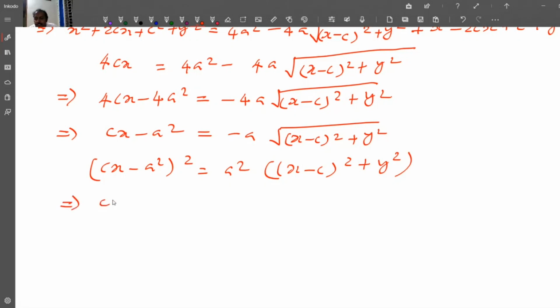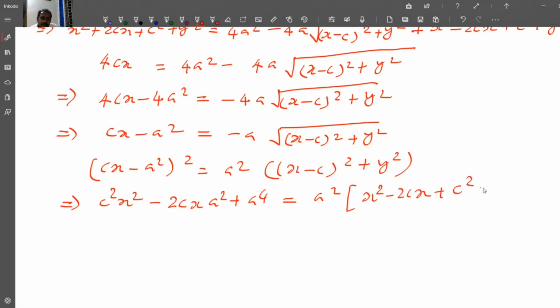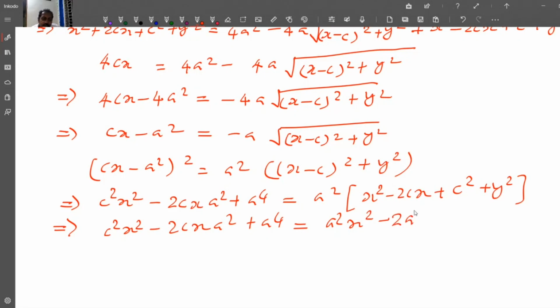So this implies c square x square minus 2cx a square plus a raised to 4 is equal to a square into x square minus 2cx plus c square plus y square, and that implies c square x square minus 2cx a square plus a raised to 4 is equal to a square x square minus 2a square cx plus a square c square plus a square y square.